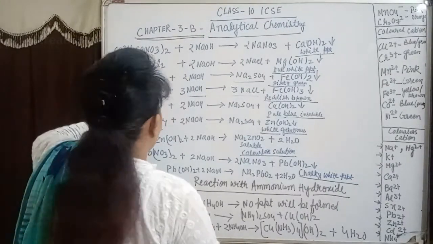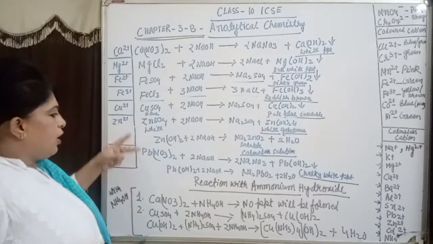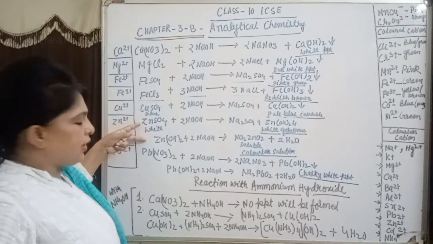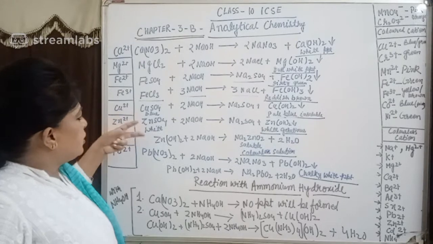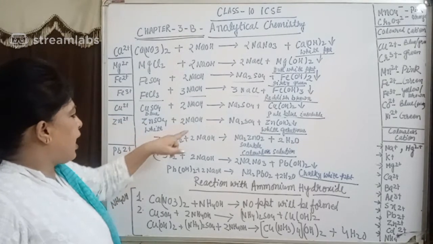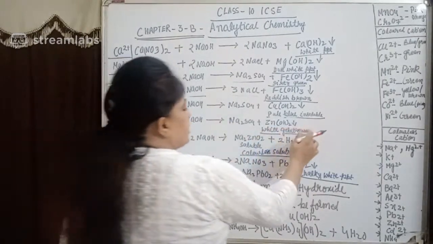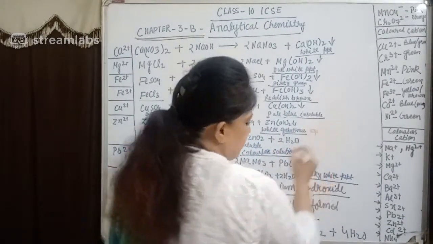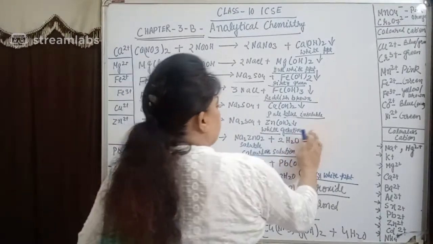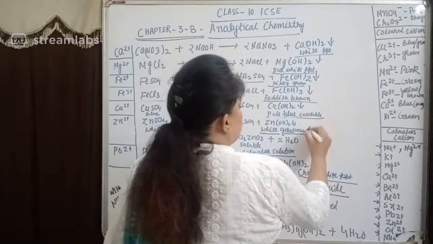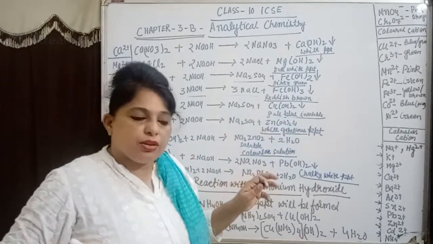And if you are using white zinc sulfate in this case, now here there are two observations. You can do this test in two steps. When you take a normal quantity of sodium hydroxide in case of zinc sulfate, we will get a white gelatinous precipitate of zinc hydroxide.